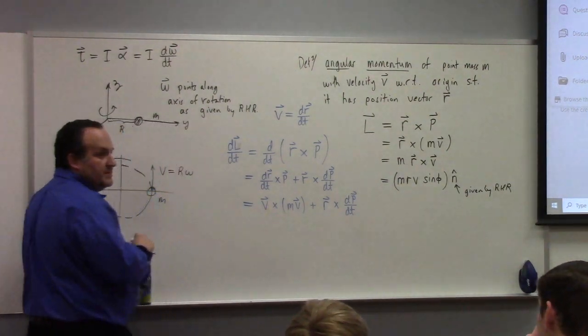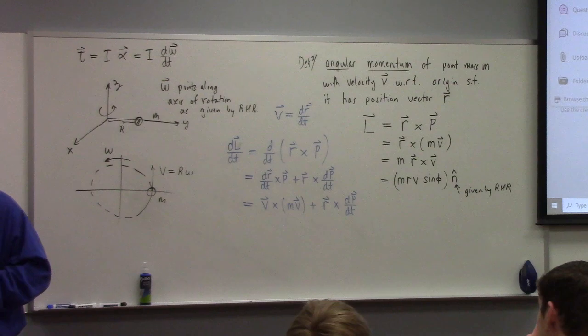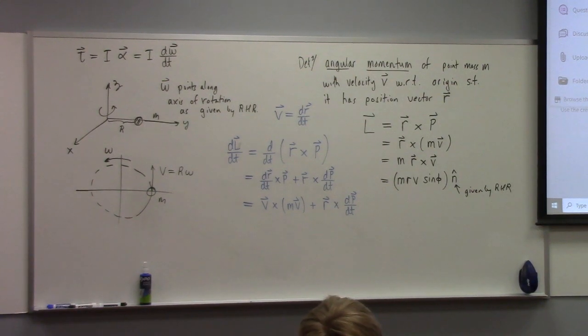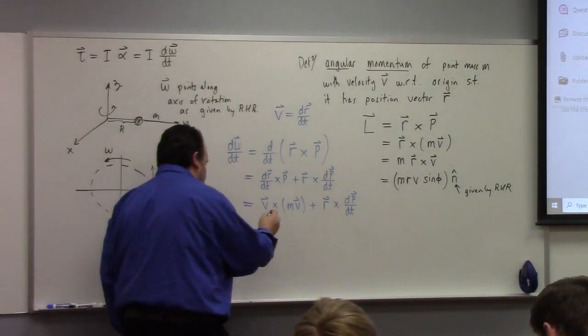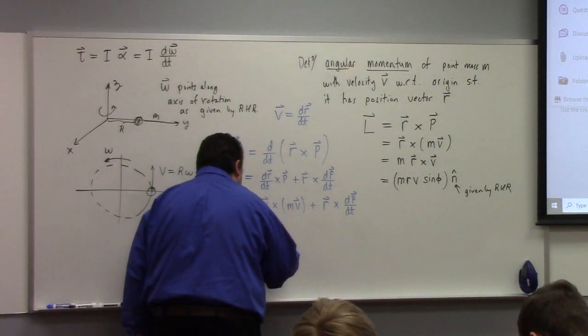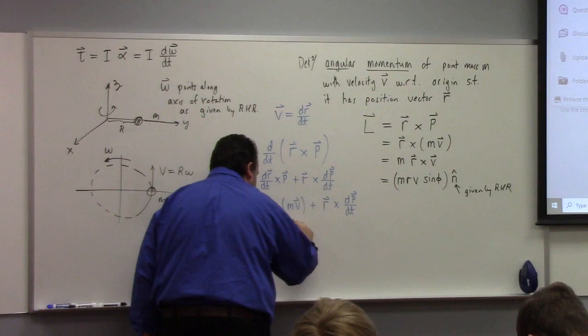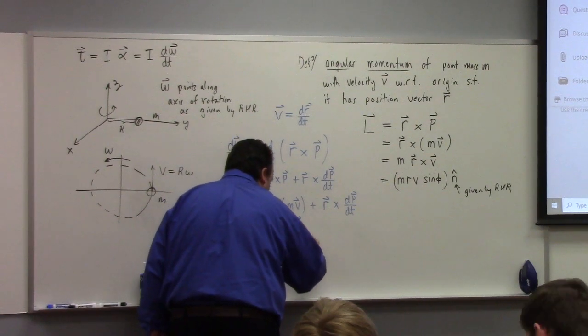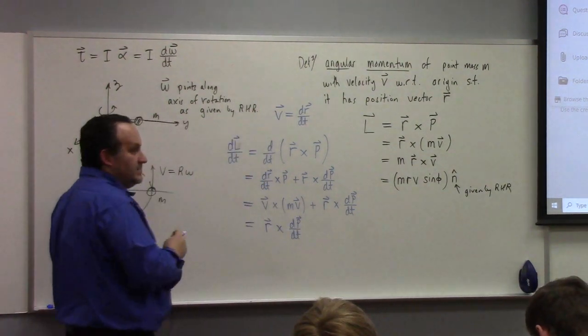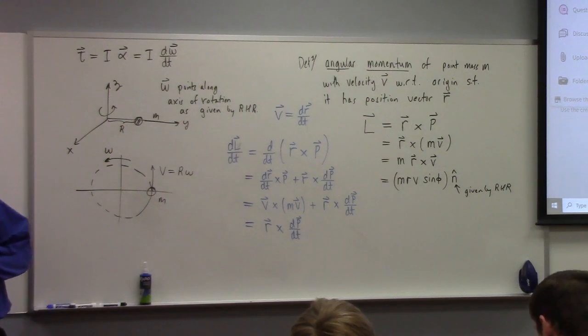How does this work out? What's going on here? What's v cross v? Zero. Yeah, v cross v is 0 because any vector crossed with itself is 0; that's a property of the cross product. And what's this over here? What is dp/dt? We talked about this, right?